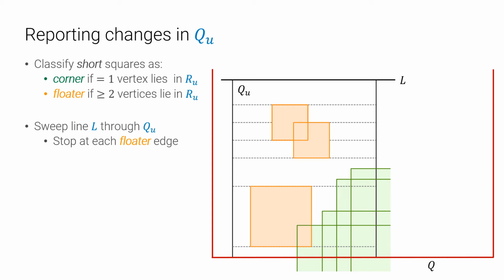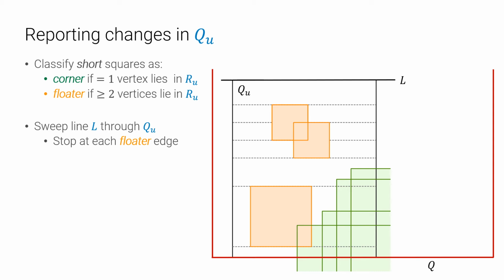So to ultimately report the vertex changes of the cross-section within QU, we're going to sweep a line L from, say, the top edge of QU down through these short squares to its bottom edge. The sweep line, we're going to move atomically from floater edge to floater edge and not stop at the corner edges.